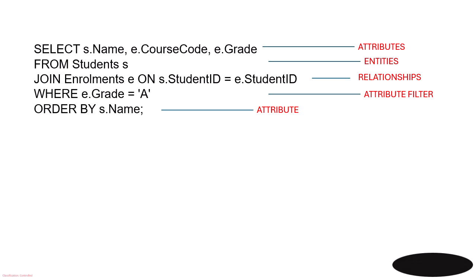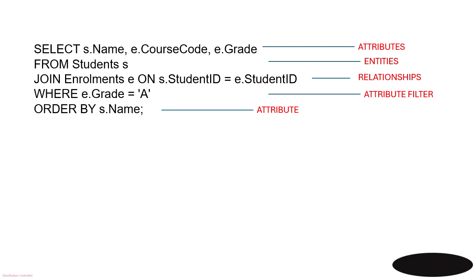But then I don't want all the students. I want the students who achieved grade A. So I introduce an attribute filter: I use the grade filter and then add a value there equal to A.